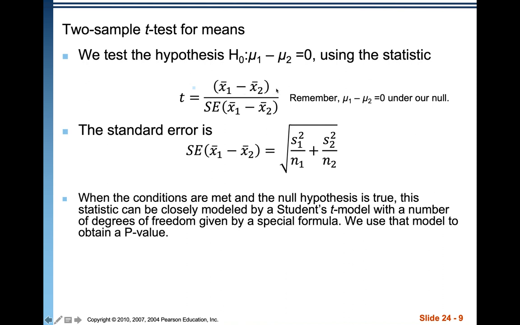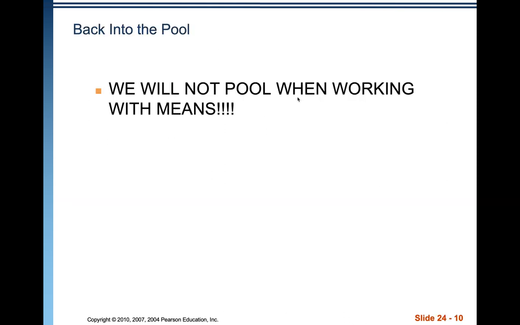So we don't have to write the minus 0 in the numerator there, so it looks a little cleaner. We have the same standard error. When the conditions are met and the null hypothesis is true, this statistic can be closely modeled by a Student's t-model with a number of degrees of freedom given by that special formula we just saw, and we use that model to obtain a p-value.